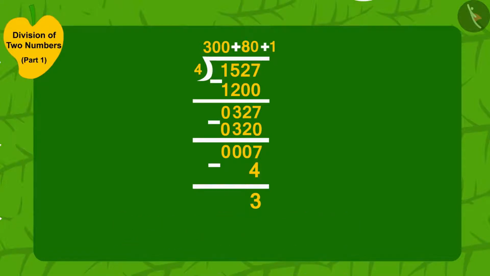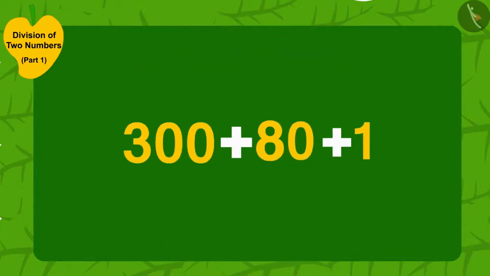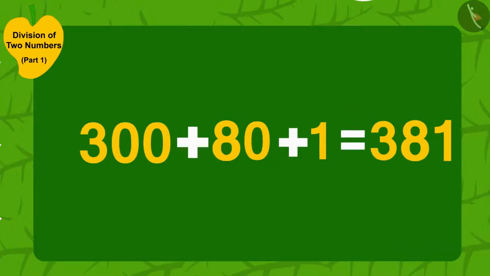To find out, we just have to add the numbers written here. We add 300 plus 80 plus 1. So we get 381.